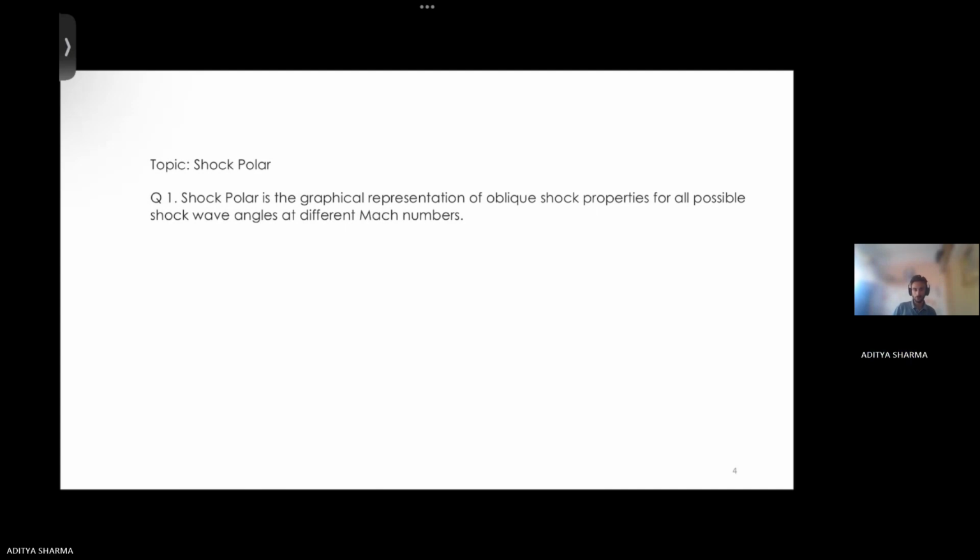Question 1, let's see this question. The topic for this question is shock polar. We have discussed shock polar, which is essentially a hodograph plane, where we are looking into the velocity components of flow at a particular Mach number and flow deflection.